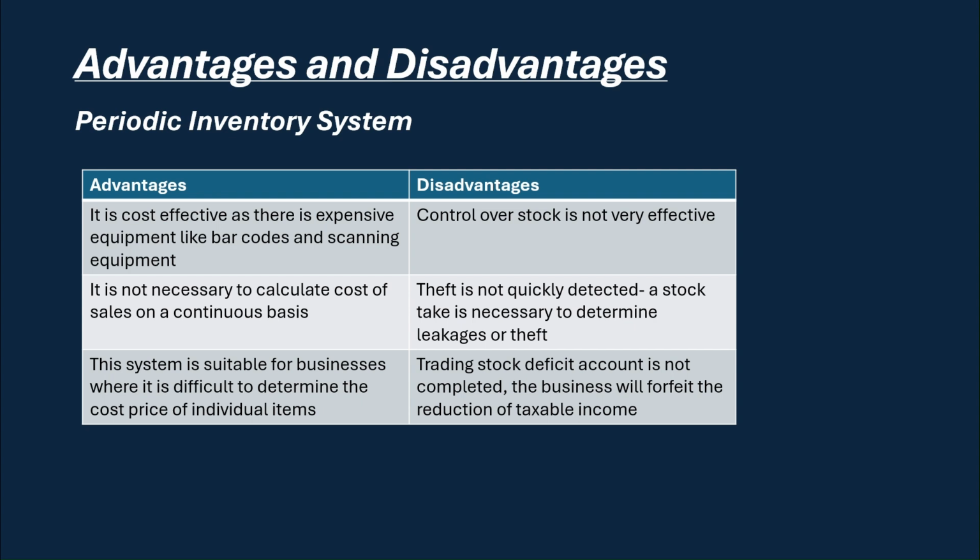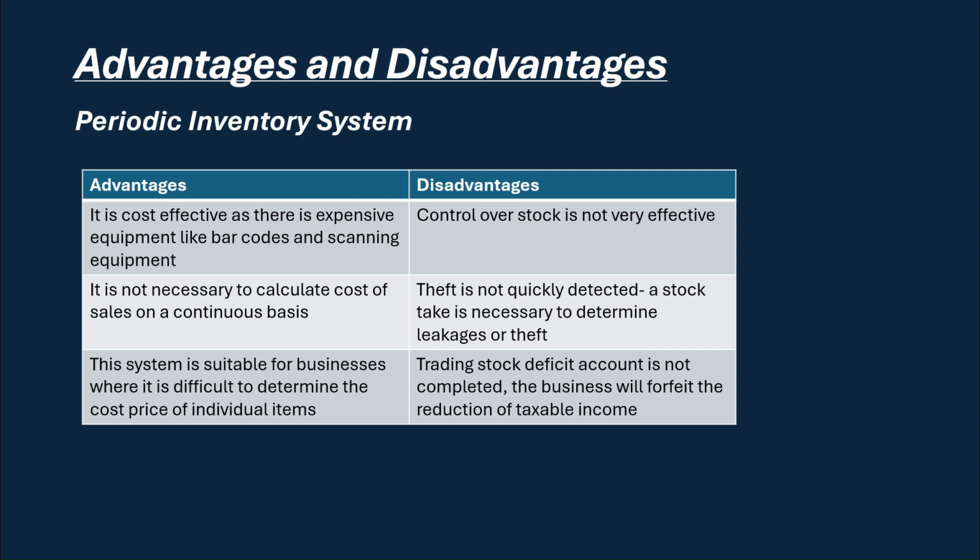Then third one is that this system is suitable for businesses where it is difficult to determine the cost price of individual items. Remember, sometimes it's not that easy to get the cost price of individual items.